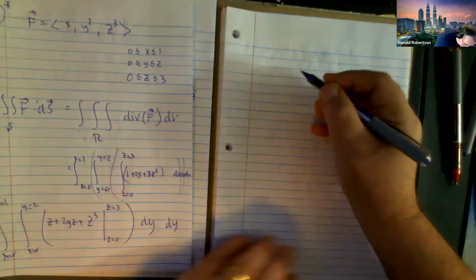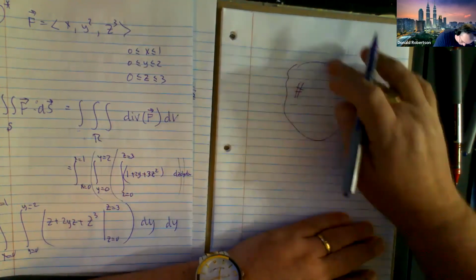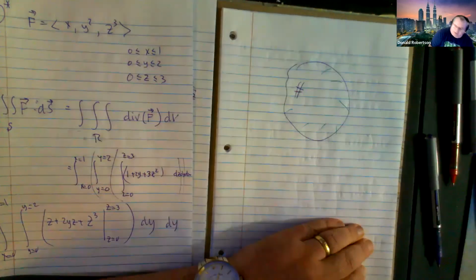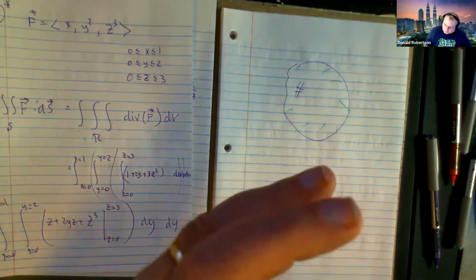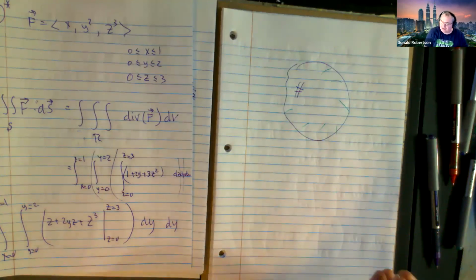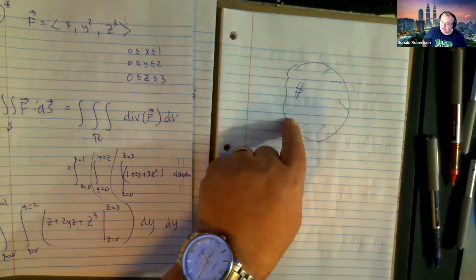Conceptually, can you imagine that that's a volume, that's a surface, right? If you have a closed surface, isn't there a volume inside it? And all the divergence theorem says is that you find the triple integral over the volume of the divergence of the vector field.